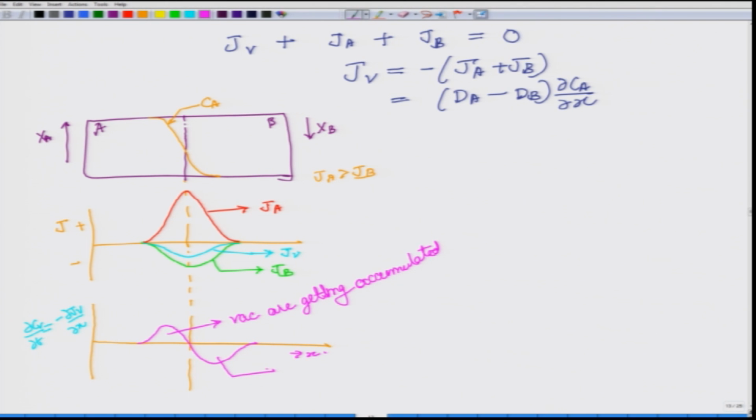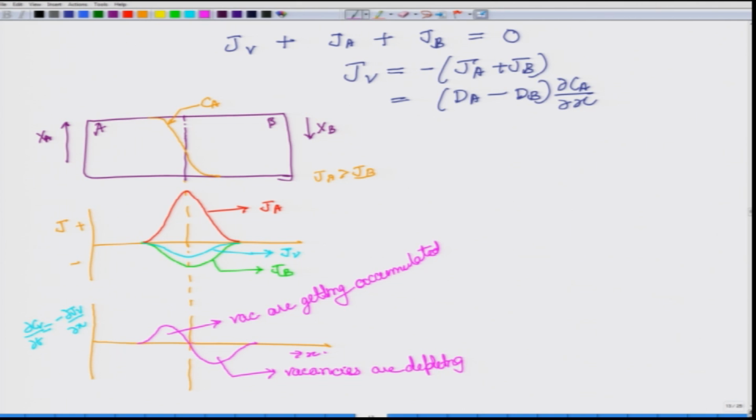And over here vacancies are getting depleted. So, it is moving away, the negative sign shows. So, this is showing del CV by del T, meaning it is negative, which means that it is decreasing with time, and it is decreasing highest at this point, lowest at this point, and also at this point.